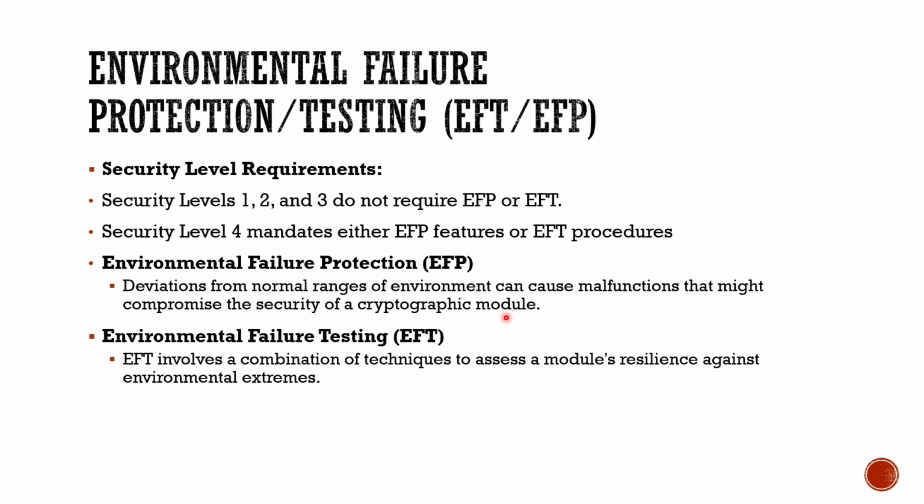The documentation must include the operating temperatures, voltages, etc., and also specify the features implemented in the module in such cases. The environment failure testing basically includes the testing of the modules in conditions that are outside the normal operating conditions.